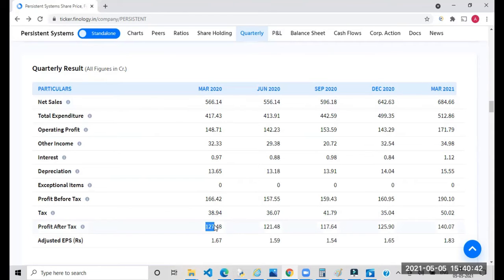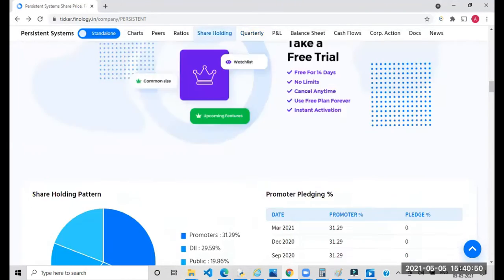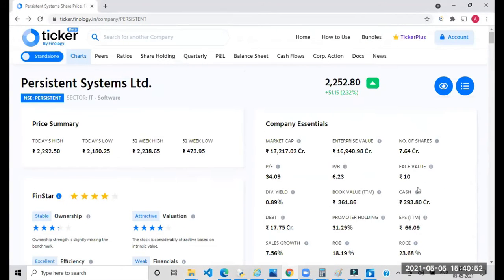I will highlight it. You have to add March 2020 to March 2021 and then divide this with the number of shares, which are 7.64 crore, and that will give us the EPS. And when we divide the current share price upon EPS, that will give us the PE ratio.